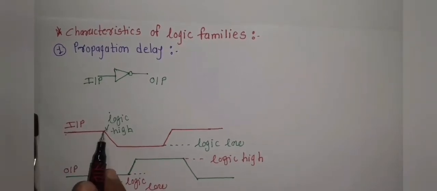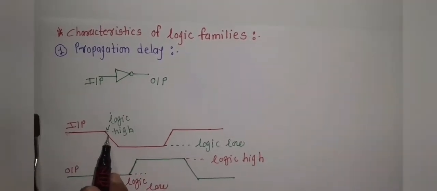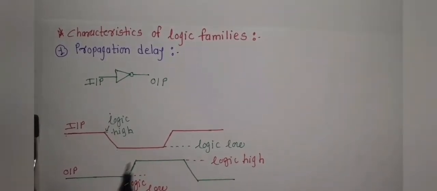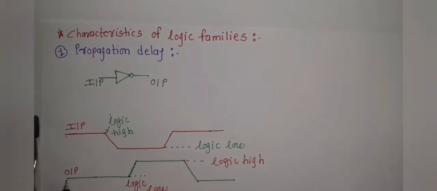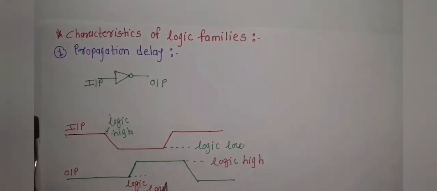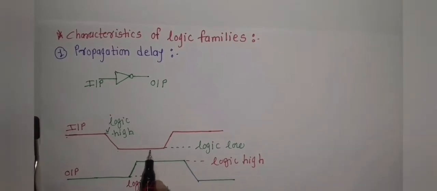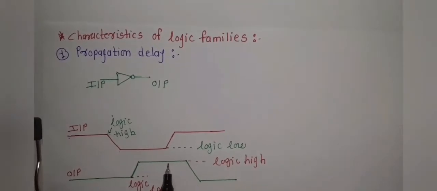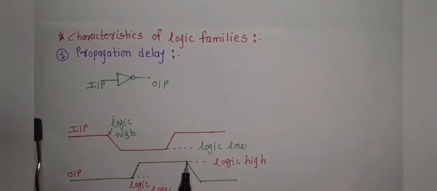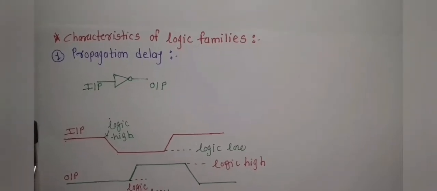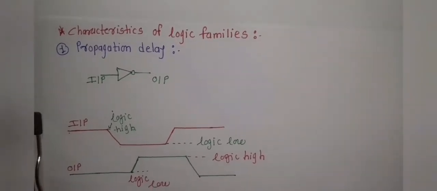When input goes from logic high to logic low, then after some delay, output goes from logic low to logic high. And when input goes from logic low to logic high, then output goes from logic high to logic low. How to calculate delay time?